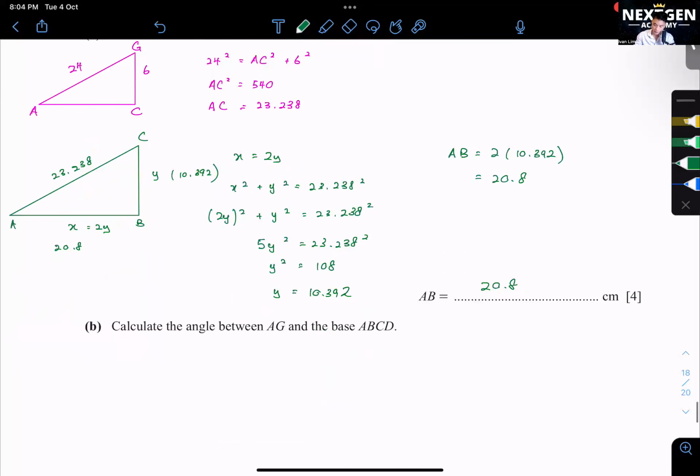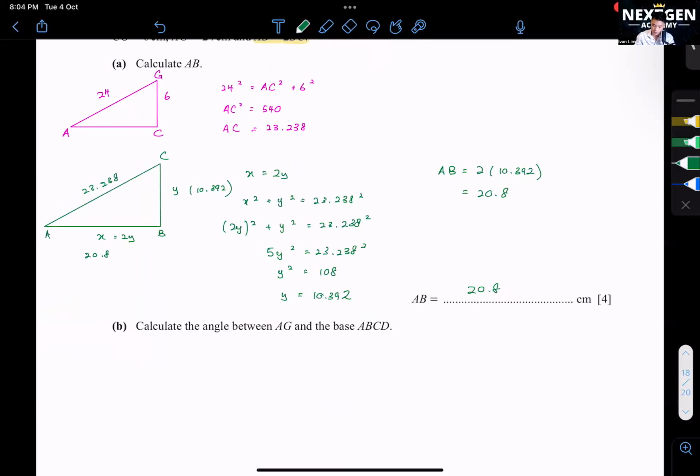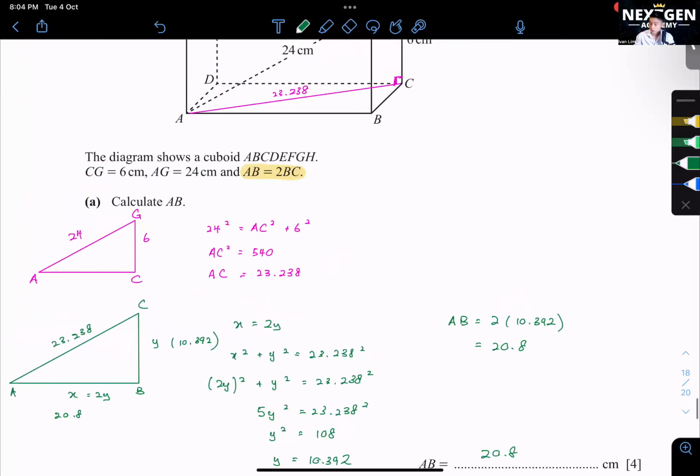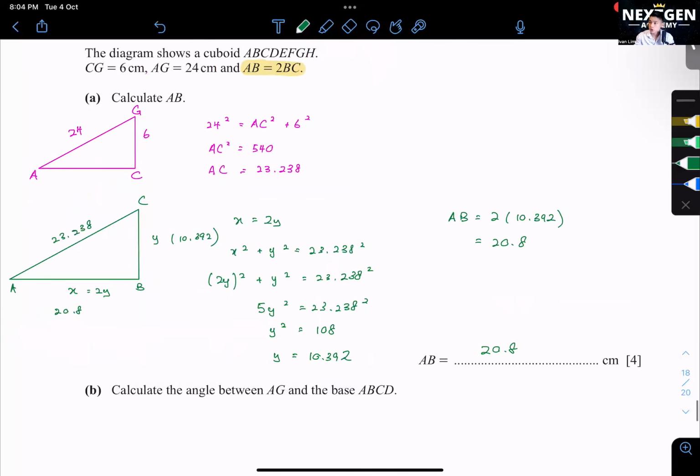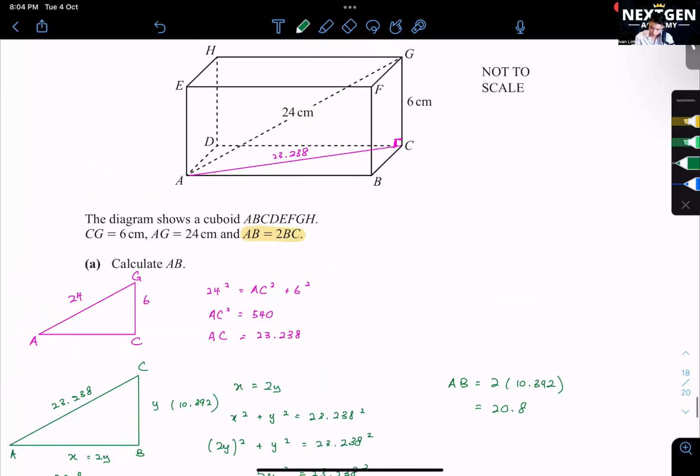Calculate the angle between AG and the base ABCD. So AG, where's AG? AG and the base ABCD. Basically we just want to calculate this angle here. So we got this AGC, I can just copy down this one.